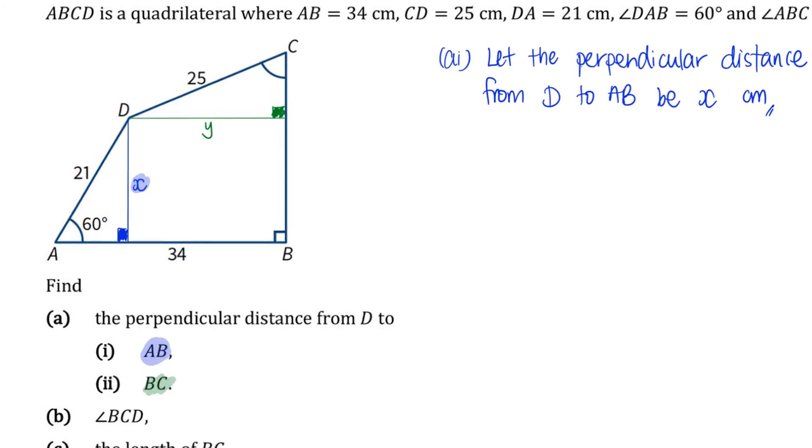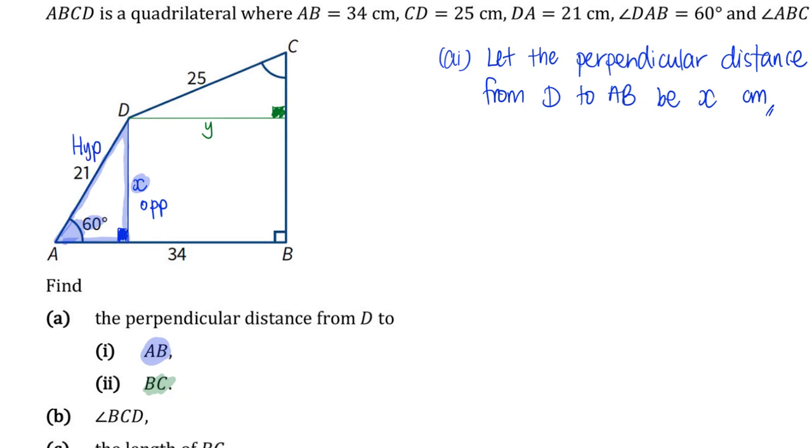Then we can proceed to focus our efforts on this particular right angle triangle. Yes? Where with respect to 60 degree, I will then be able to see that my X is my opposite side of 60 degree.